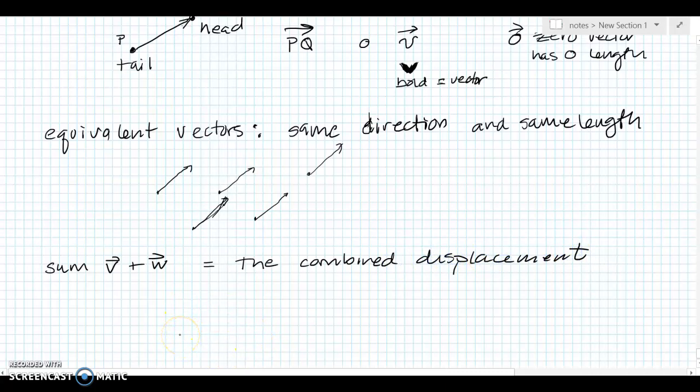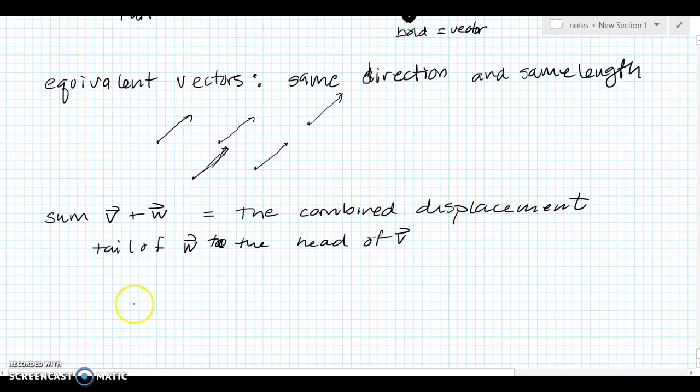So what happens when you're adding vectors, you take the tail of W to the head of V. So you might want to add vector V, which is from P to Q, which is this guy.